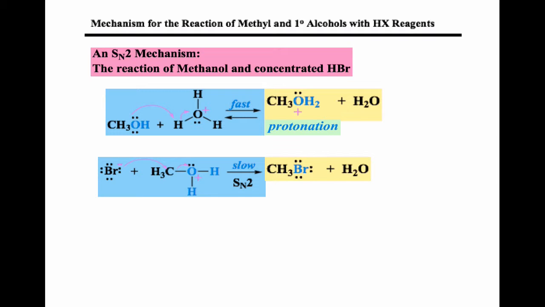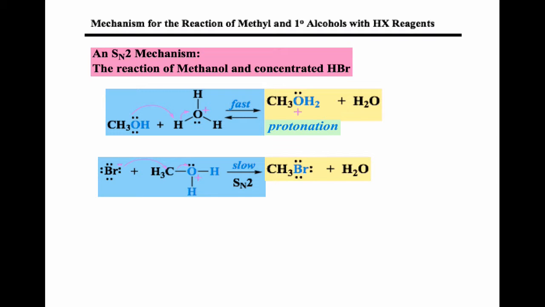So if we think about this reaction, what do we know about methanol? High boiling point, low boiling point? Medium? That's a safe statement. It's less than water, but it's a liquid at room temperature.